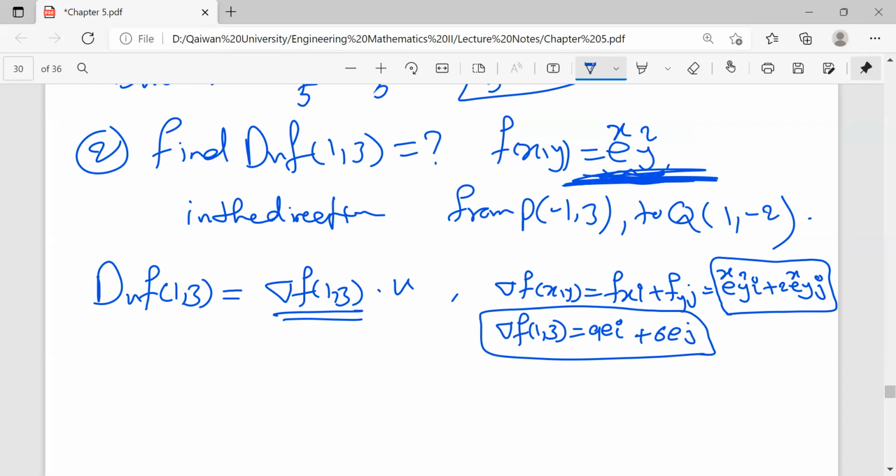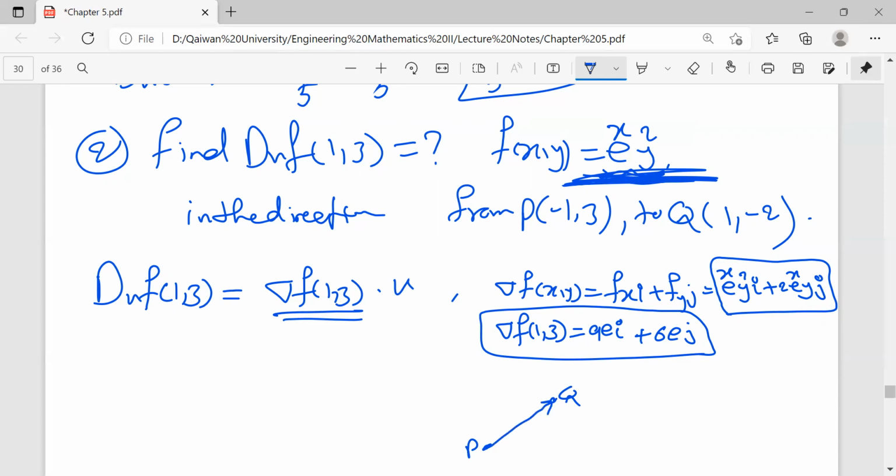Now we must find the unit vector. How to get the unit vector? We can get a vector from any 2 points. If you have given any 2 points, from a point to another point, we can get a vector. Let's say it's P and that's Q. From this to that, we can get a vector.